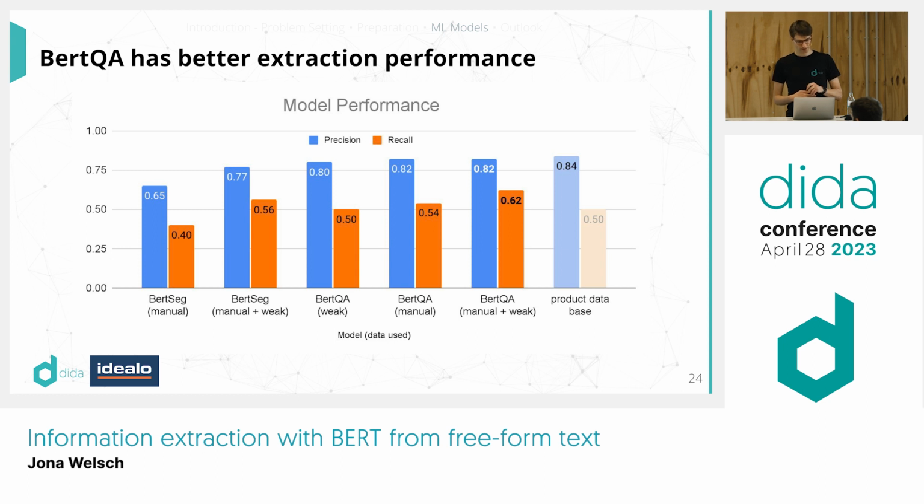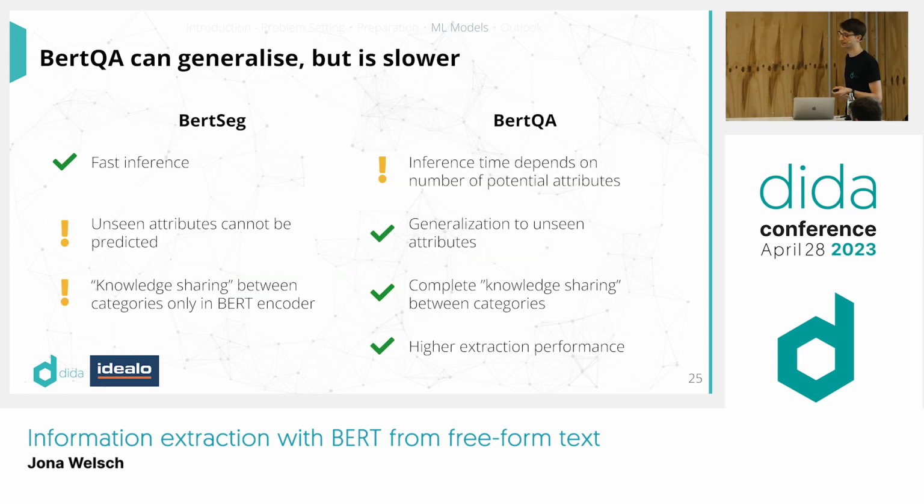Okay, let's compare them a bit. We have BertSeg, which is fast in inference compared to the BertQA approach, whereas in BertQA the inference time depends on the number of potential attributes. BertSeg cannot predict any unseen attributes, whereas BertQA has this nice generalization capability.